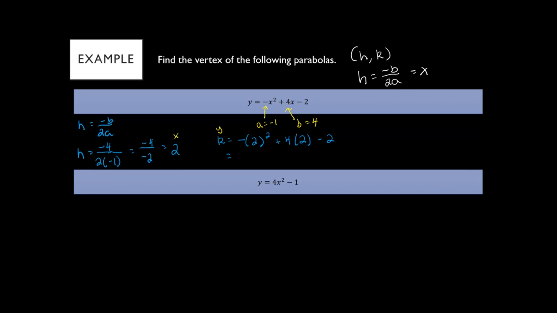So 2 squared is 4, but we have a negative in front, so we get negative 4. 4 times 2 is 8, then minus 2, and that gives us 2 for our k or y. So our ordered pair is h comma k. So h is 2, k is 2, and you write it as an ordered pair, so you have to have those parentheses. So our vertex is always an ordered pair. So you get (2, 2) here for this parabola.